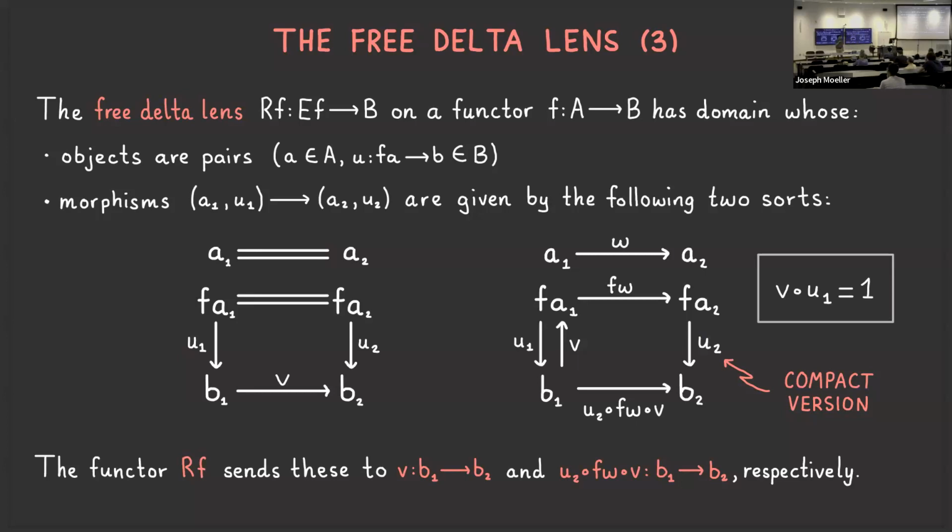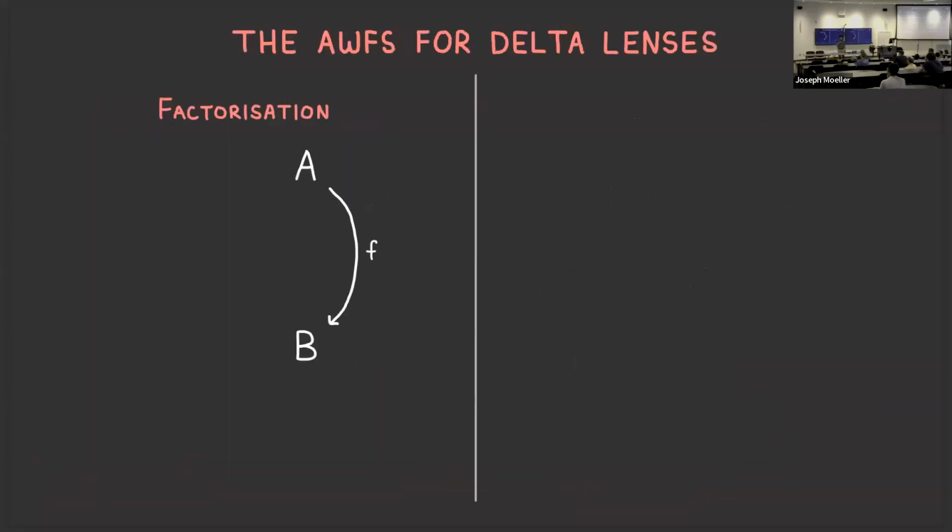Maybe you're like me and you don't really like explicit constructions and you want a more universal property approach to how we construct this category. So that's what I want to show you now.